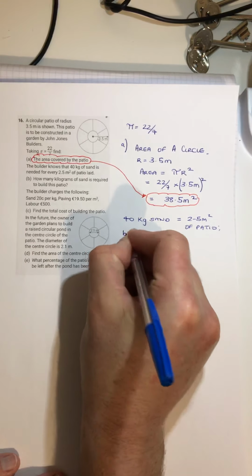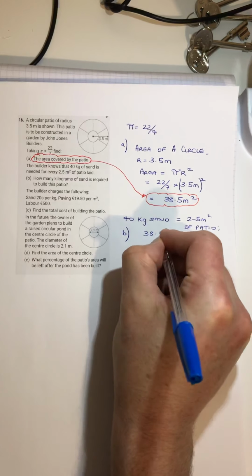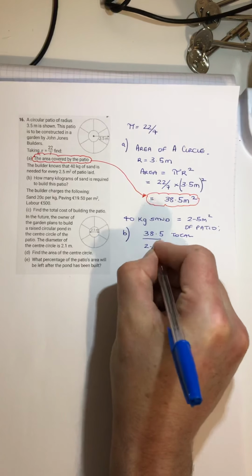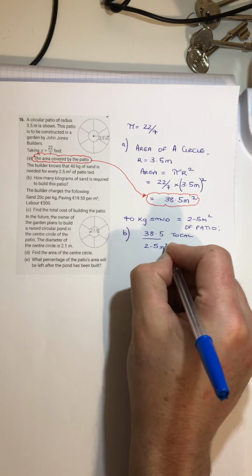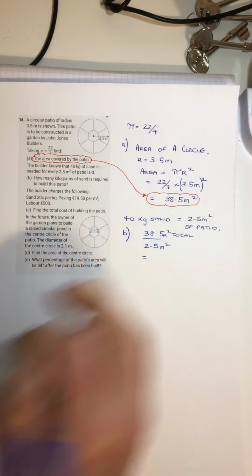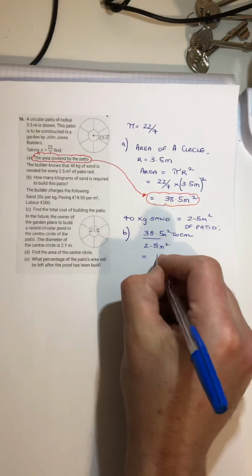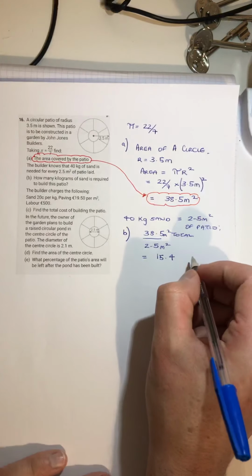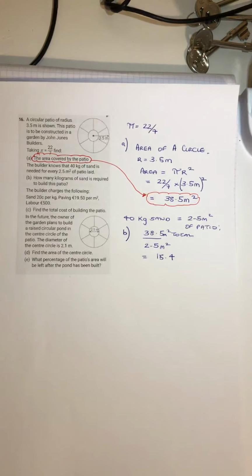So part B. Well, 38.5 is the total. Divide that by 2.5 meters squared, which gives us 15.4. Now, I was just checking that on my calculator.